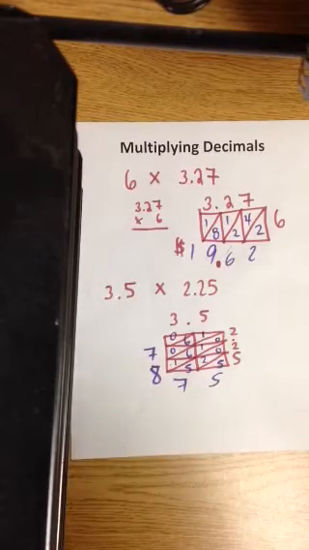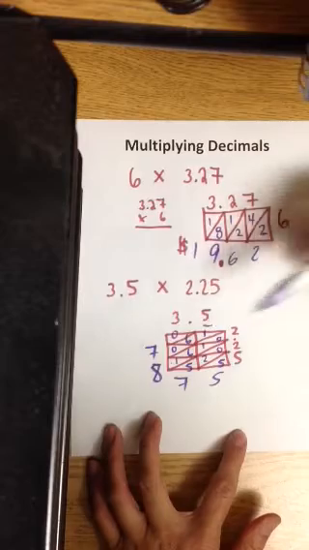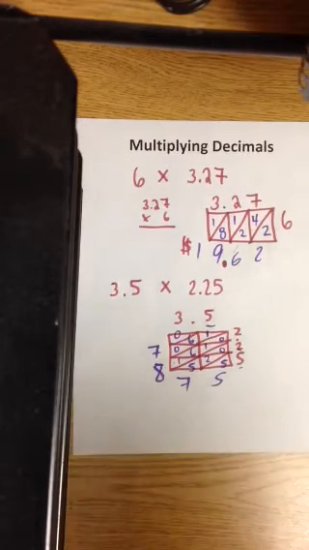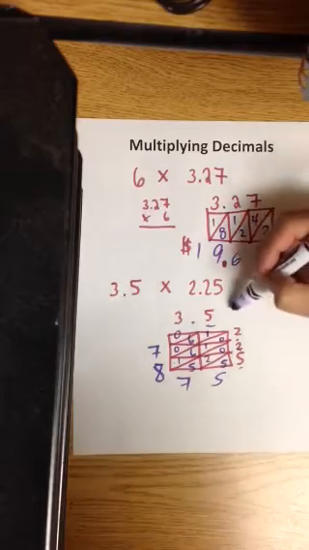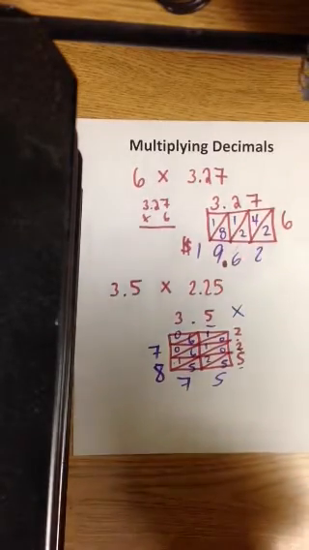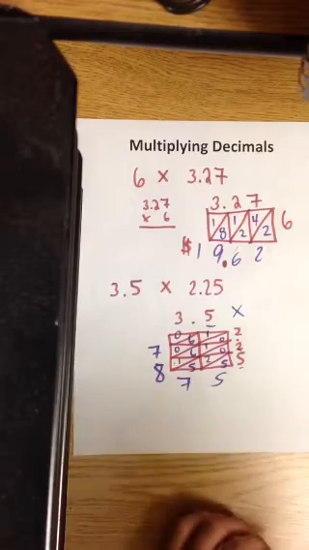But this is where kids get confused. This is in the tenths place. These two digits are in the hundredths place. They want us to multiply tenths place by hundredths place. 10 times hundredths place, that's thousandths place. So our answer has to be in the thousandths place.